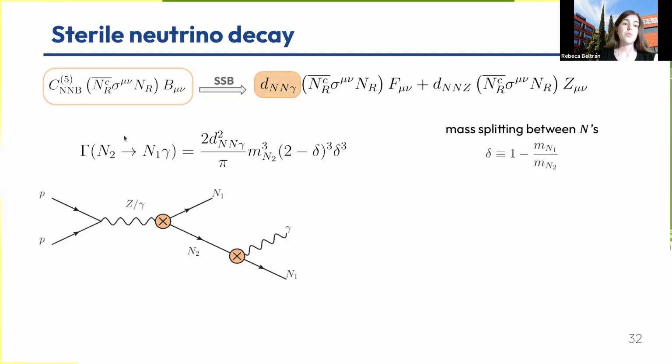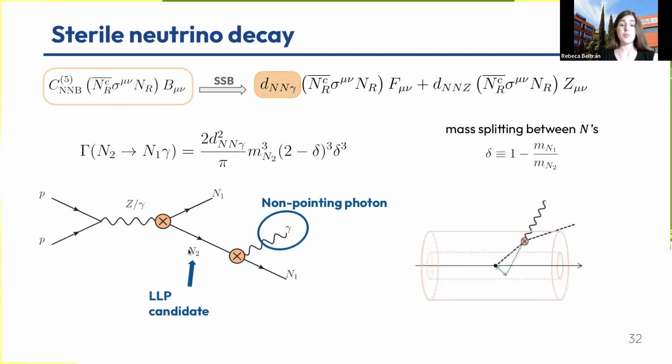So if one has one of all of the three parameters very small, then one has suppressed decay widths and therefore large decay lengths. So in this scenario, the N2 is the long-lived particle candidate. And the potential signature, in this case at colliders, is a non-pointing photon.